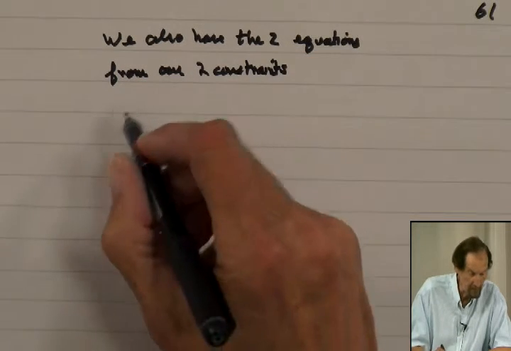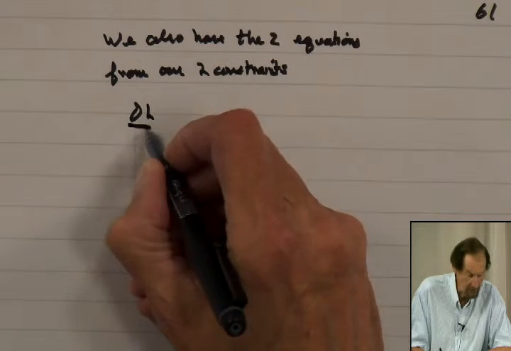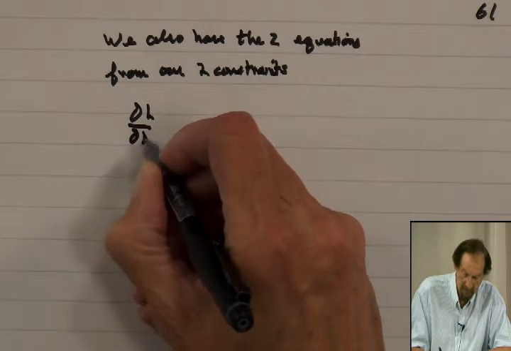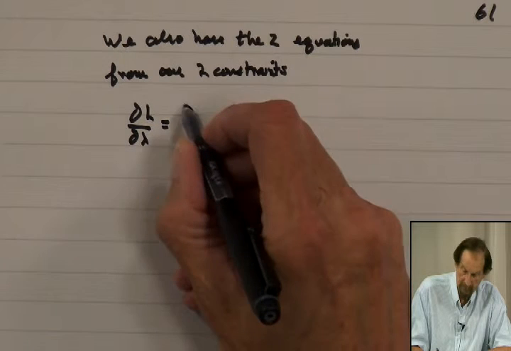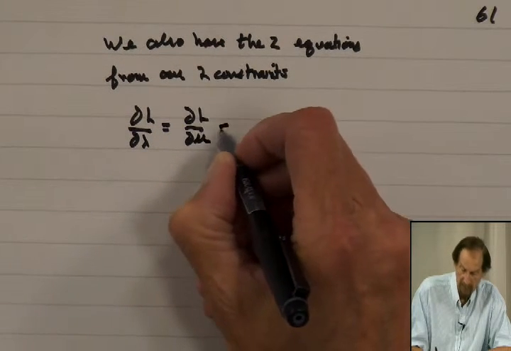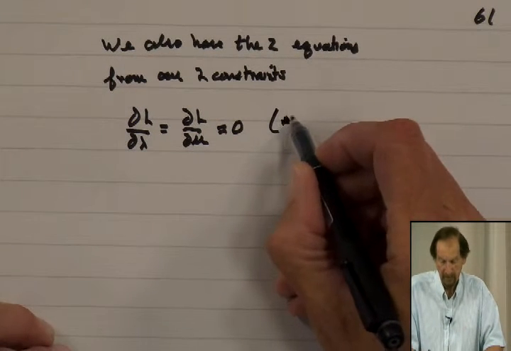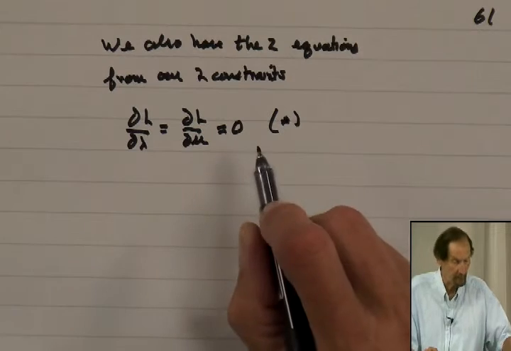And these are the following. We have that the partial of the Lagrangian with respect to lambda equals the partial of the Lagrangian with respect to mu equals 0. So these are our star kind of equations.